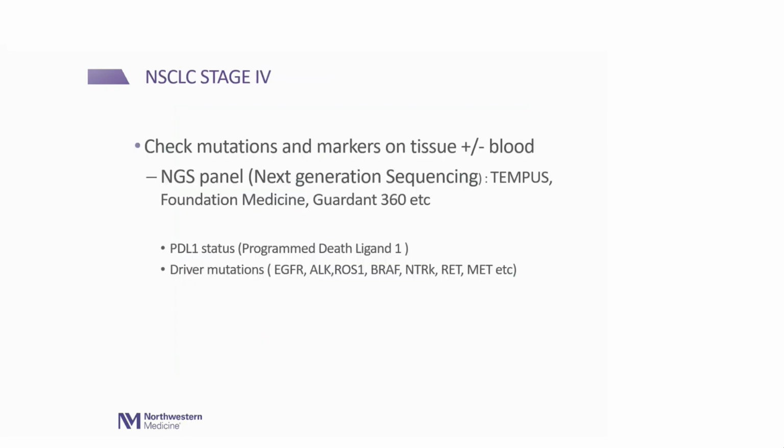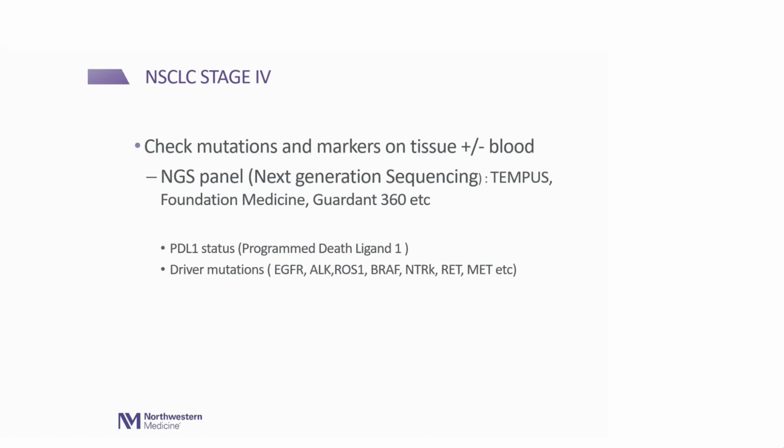Stage 4, I just put up this slide. I was debating whether to delete it or leave it on. I just thought this is all done behind the scenes, but I think it'll give you a little peek into what happens when we make those recommendations about treatment. We check what is known as mutations and markers on the biopsy tissue and tumor tissue, and sometimes even on blood, because what we are checking for is called an NGS panel, next generation sequencing panel.